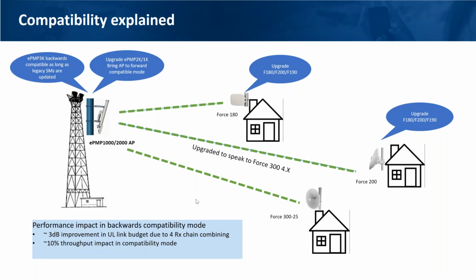Any of the CPEs that are the Gen 2 or AC Wave 1 don't have the sounding capability. So you can't really do MU-MIMO with the CPEs that are all Wave 1 based. You need the Wave 2 CPE. And Wave 2 CPEs, there's only one other vendor that offers it in the micropop type scenario, but that implementation may be very different, and we have no plans to support that.